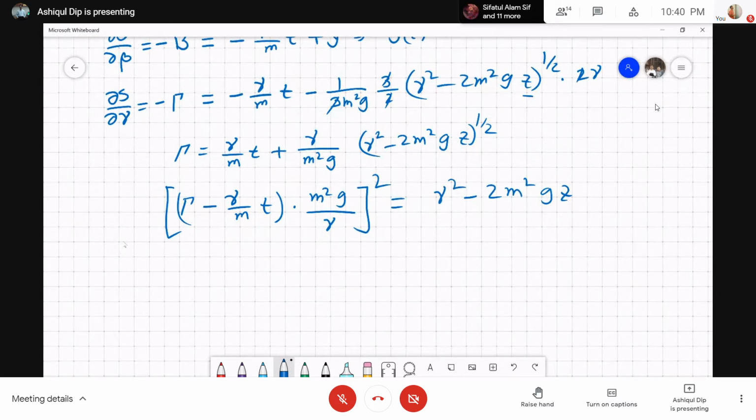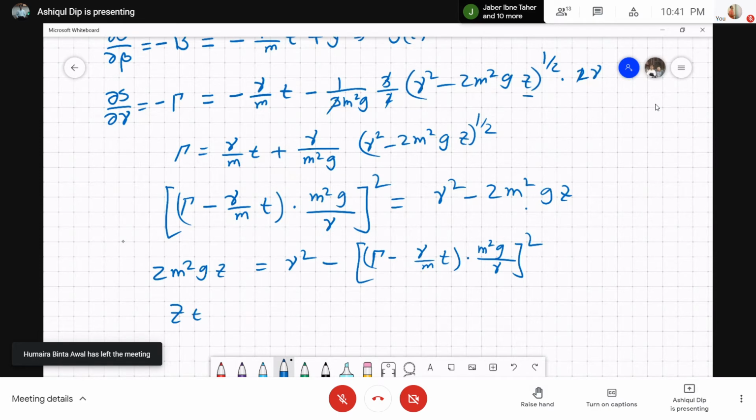Then you just take this thing on the other side, that thing on the other side. So it gives you twice m square gz equals gamma square minus those whole things, gamma minus gamma by mt into m square g divided by gamma, this thing whole square.